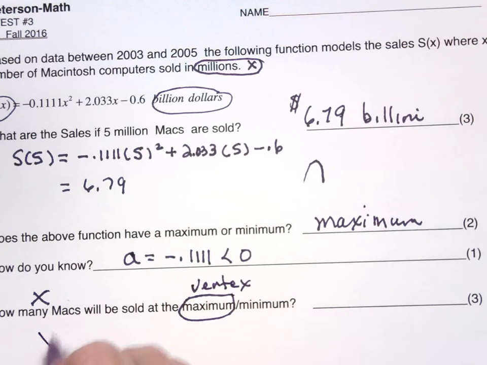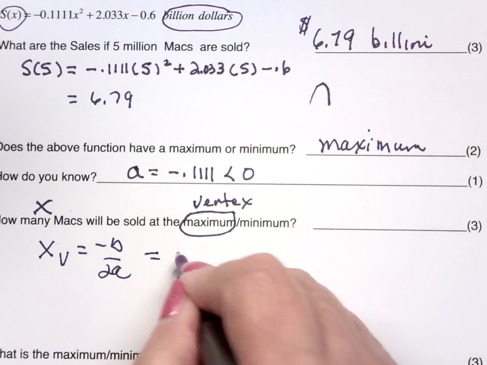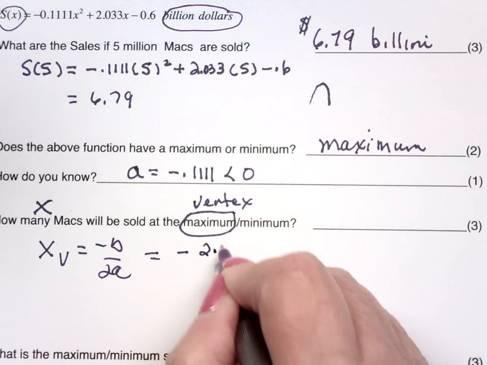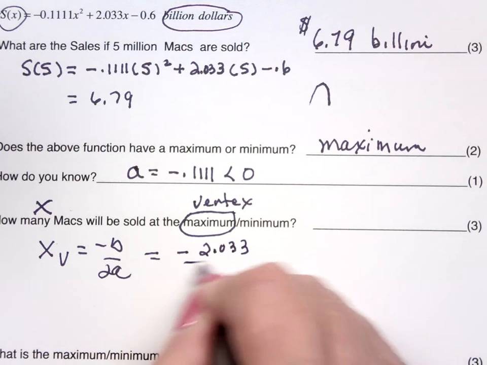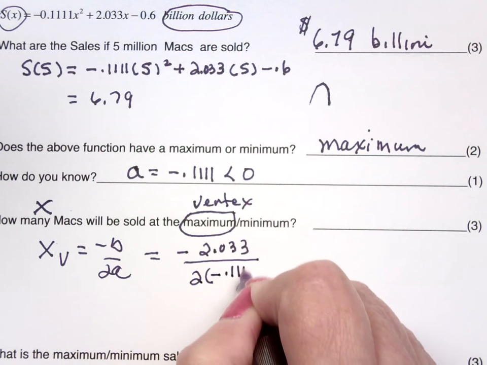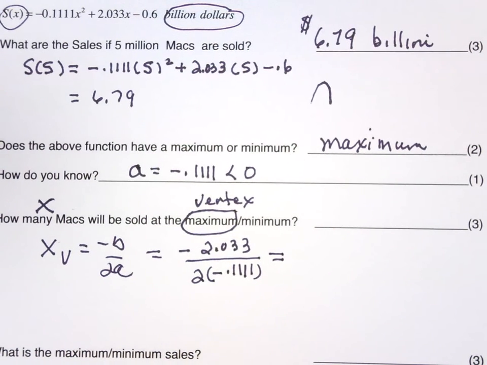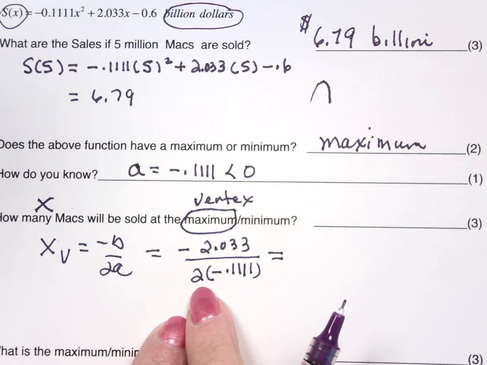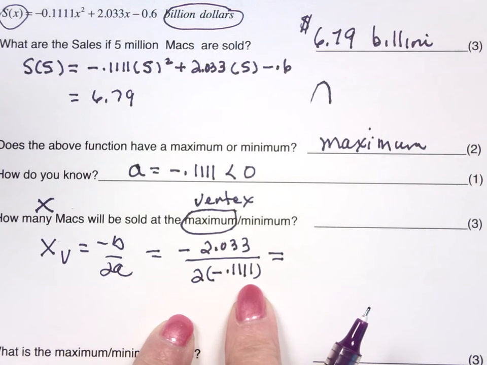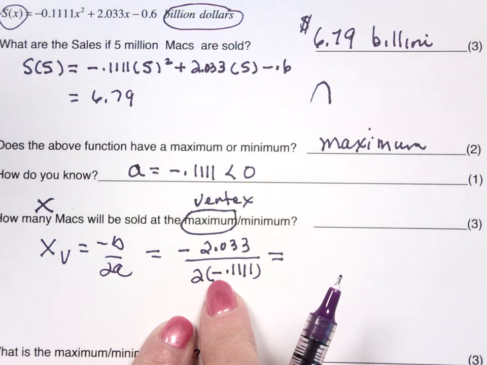The x-coordinate of the vertex is minus b over 2a, which is minus 2.033 over 2 times negative 0.1234. Now, in a test situation, I'd multiply the 2 through. I know a negative divided by a negative is a positive.